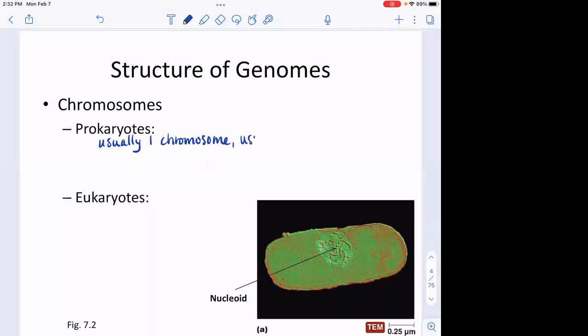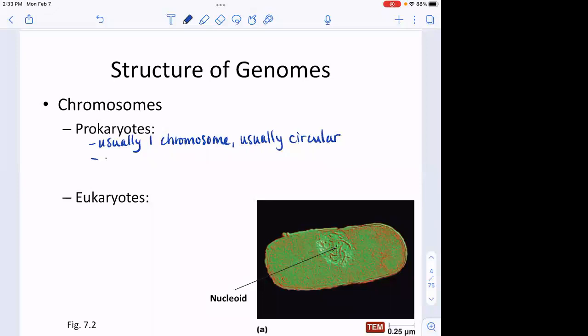It's usually circular, and because when it's circular, the ends are not going to be exposed. Our chromosomes are linear, with exposed ends that are open to being degraded. So it's a nice stable form for the bacterial chromosome to be.